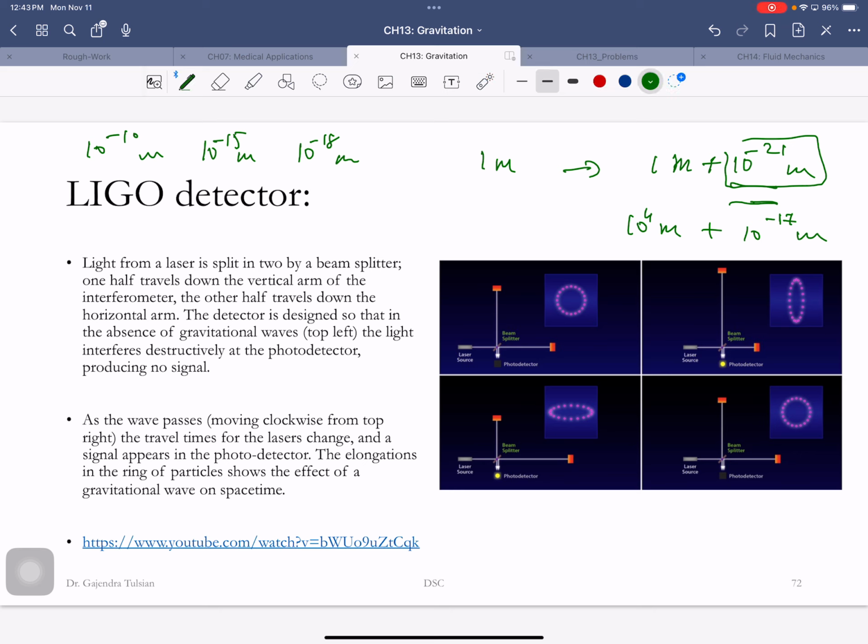When the beams come back, one beam comes with a crest and the other beam comes with a trough. That's how you set it up, and they exactly cancel each other, and you have no light.